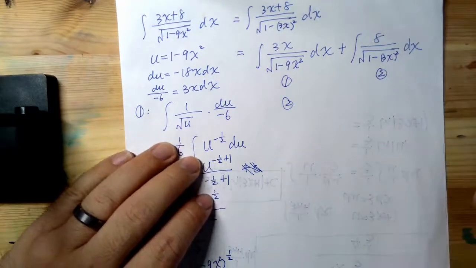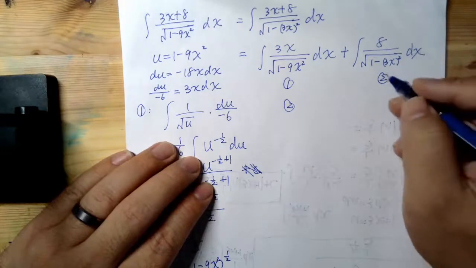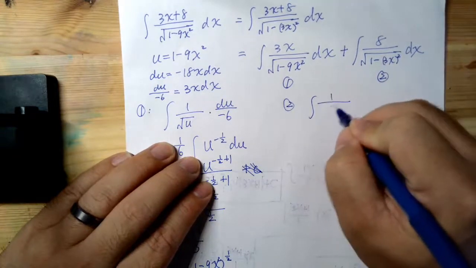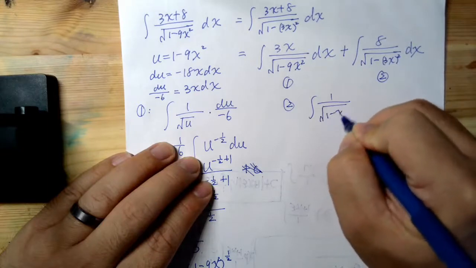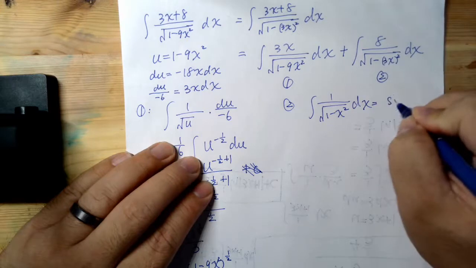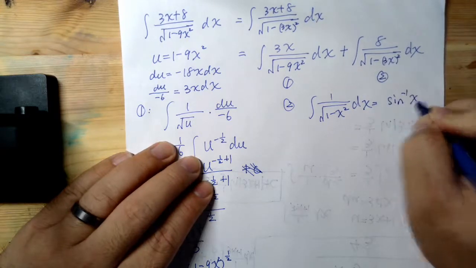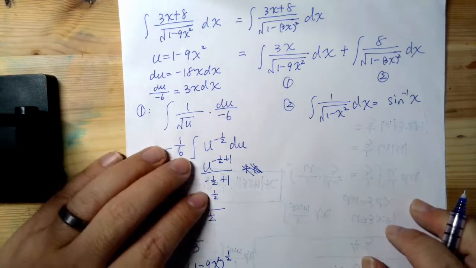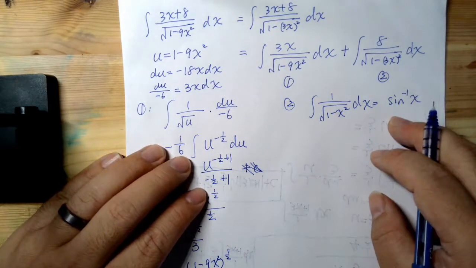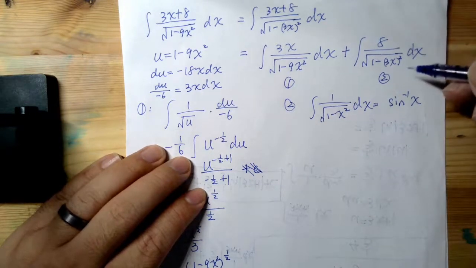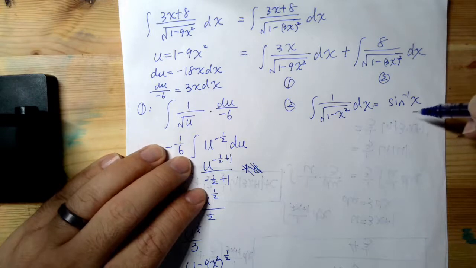Well, there is a hint to solve this part, which is you need to know that integral 1 over square root of 1 minus x squared dx is actually sine inverse of x. So if we know that, we can make another small u substitution to handle this, right?